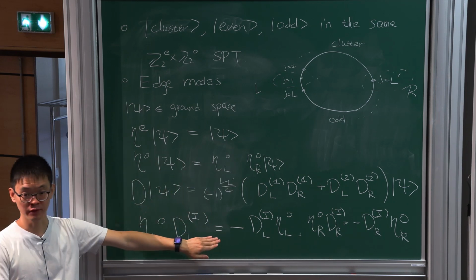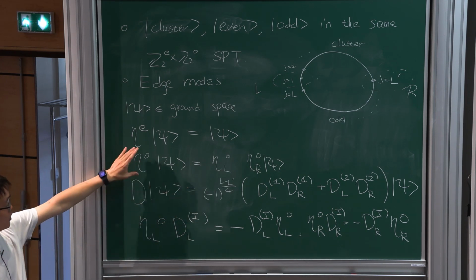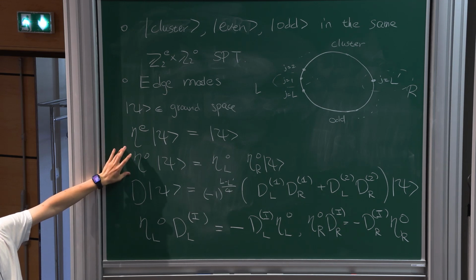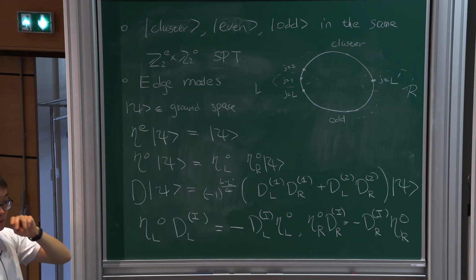So you find the projective algebra between the local factors of the Z2 odd symmetry and the non-invertible operator.